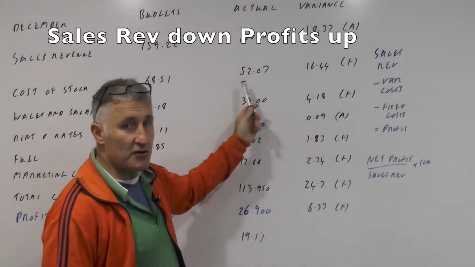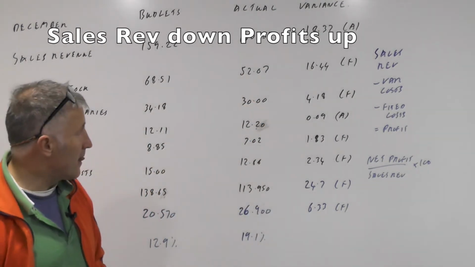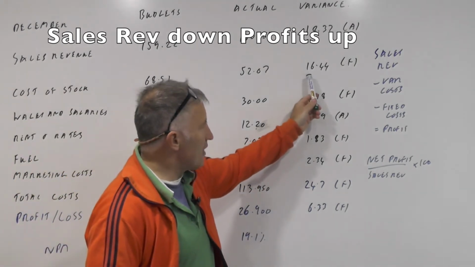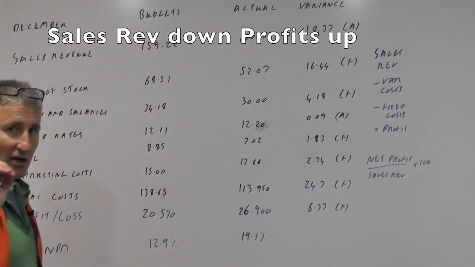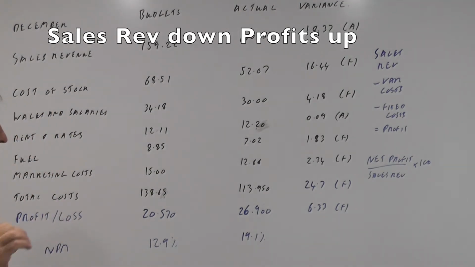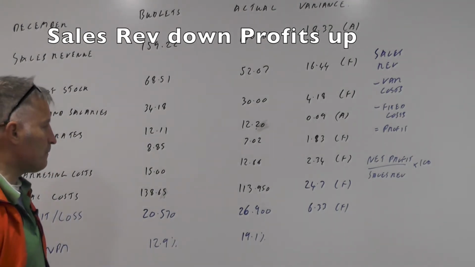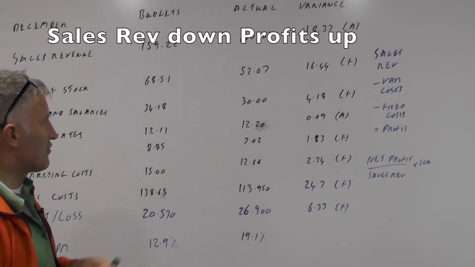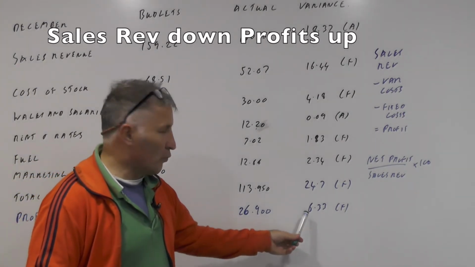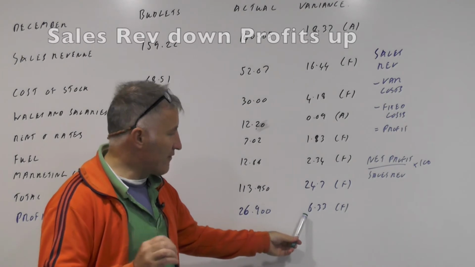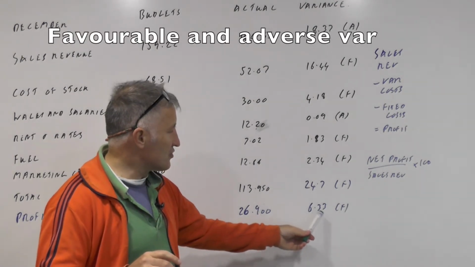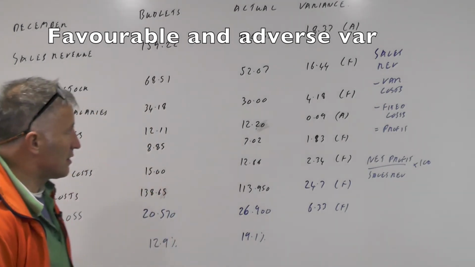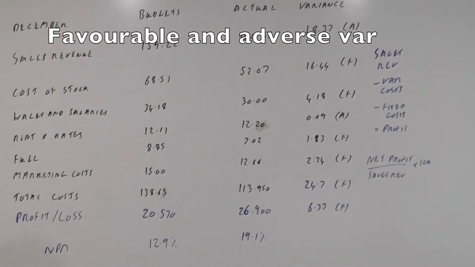They're now only spending 52,070 quid. So therefore they got a favourable variance of £16,440. So clearly that is a good thing. Now, if we go to the end of the day, overall we have a favourable variance of £6,330.